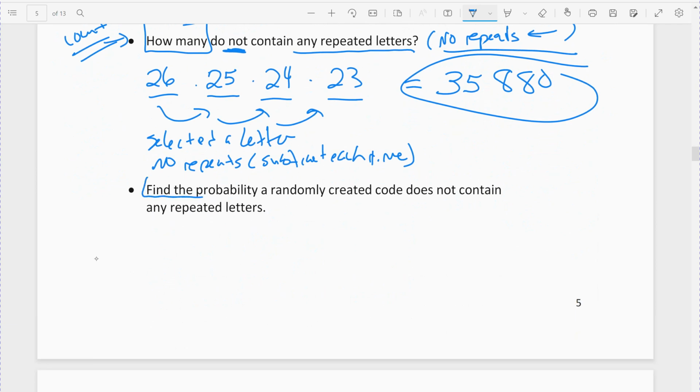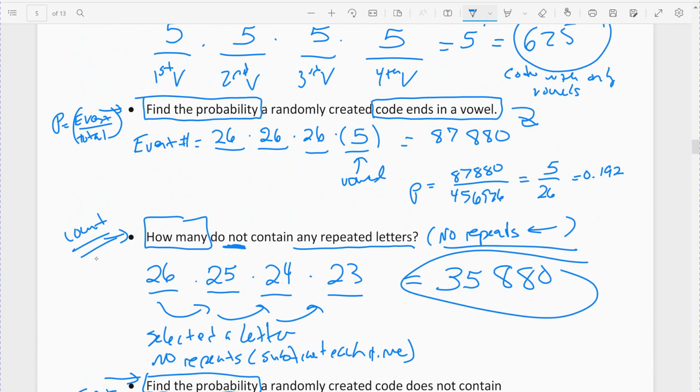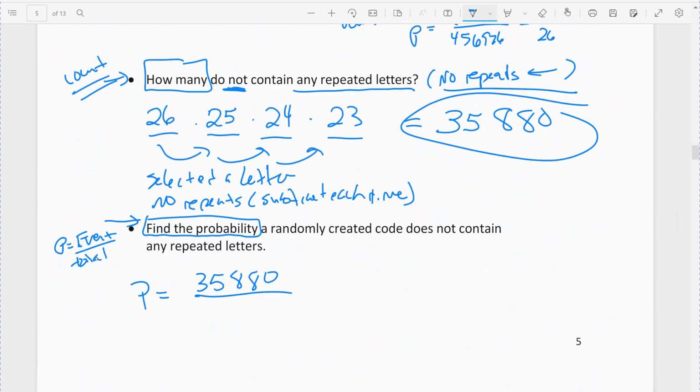And then the last one, find probability. So now we're finding probability, so it's my event over my total. So this one we're going to do a division. I'm going to find the probability that the randomly selected code does not contain repeats. So it's the previous answer, the event, which was 358,800 over my total. My total was that big number, 456,976.